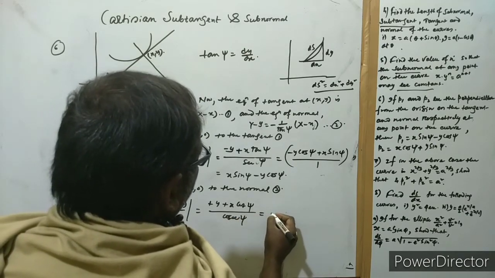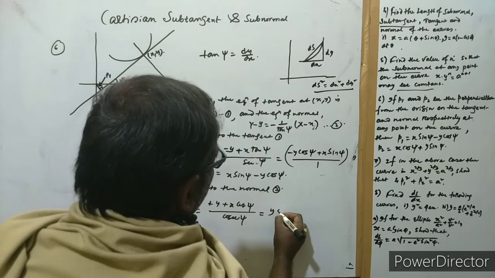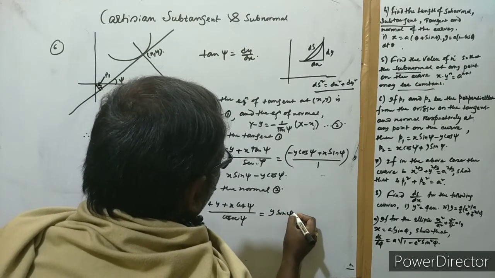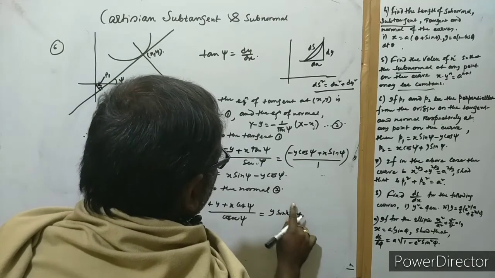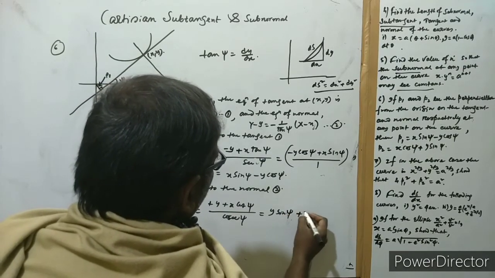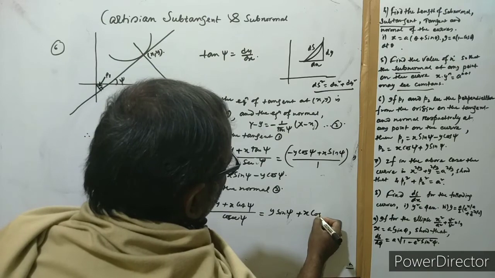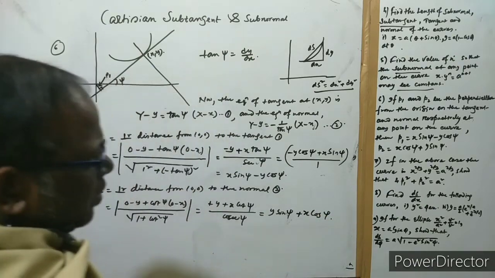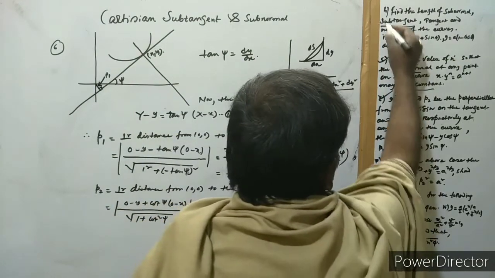If we simplify, then what happens is 1 plus sin psi plus x into cos psi.